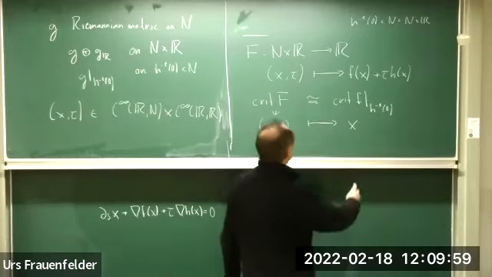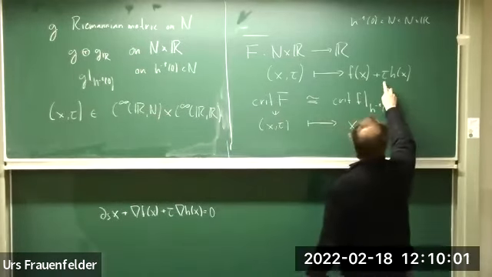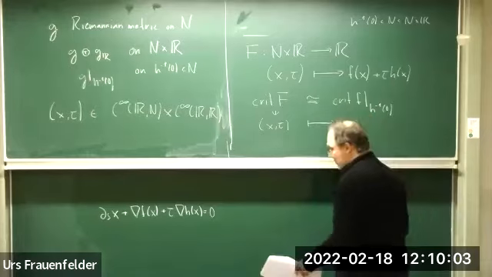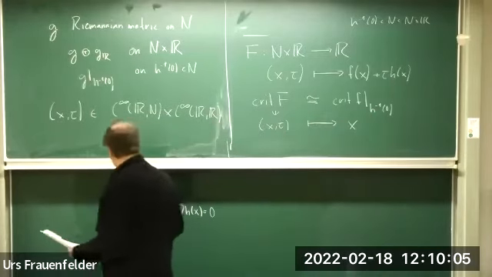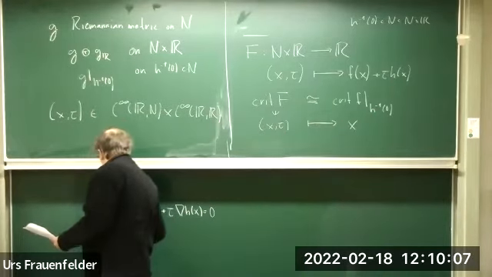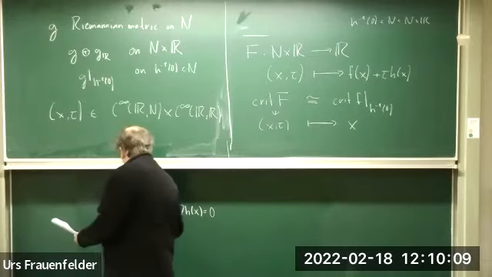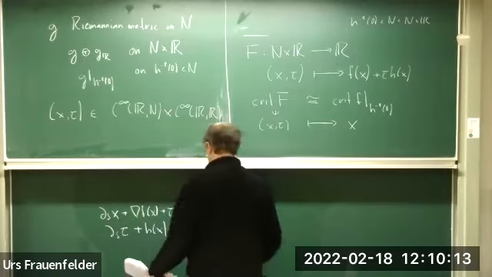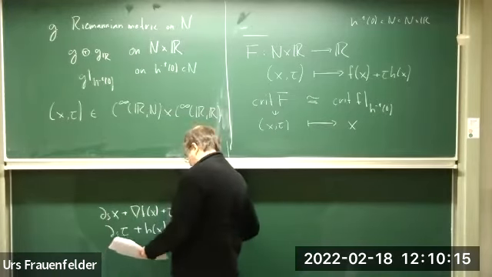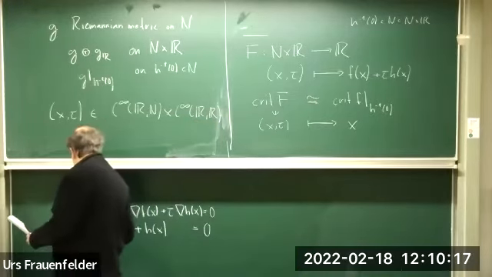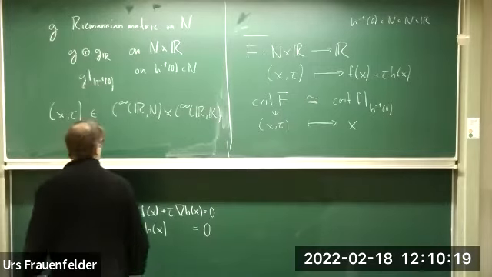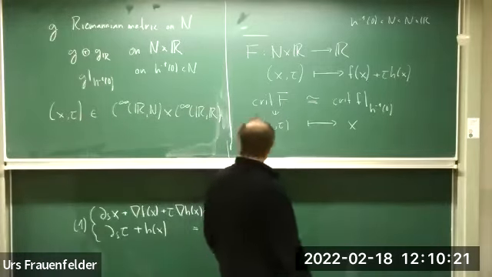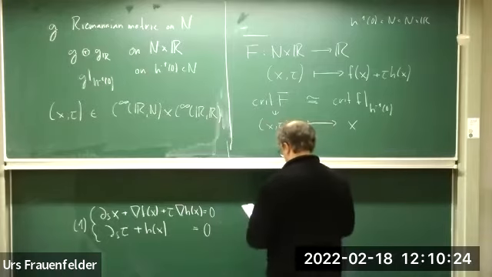And if we differentiate with respect to the Lagrange multiplier, we get h. So the Lagrange multiplier goes like ∂_s tau plus h(x) equals 0. This is the gradient flow equation for the gradient flow of F.